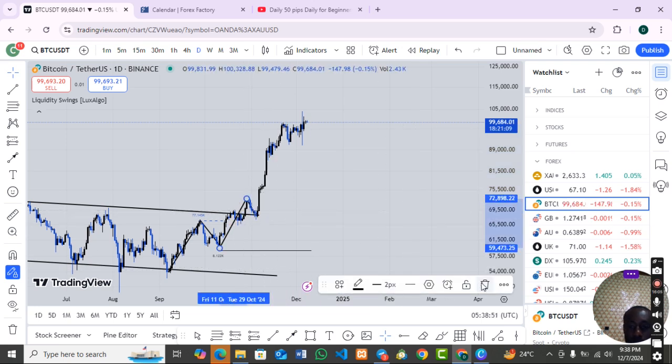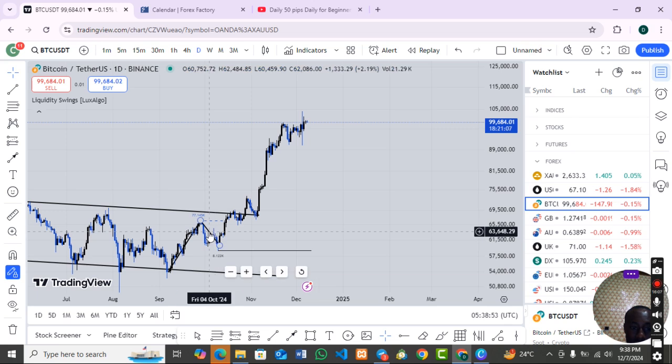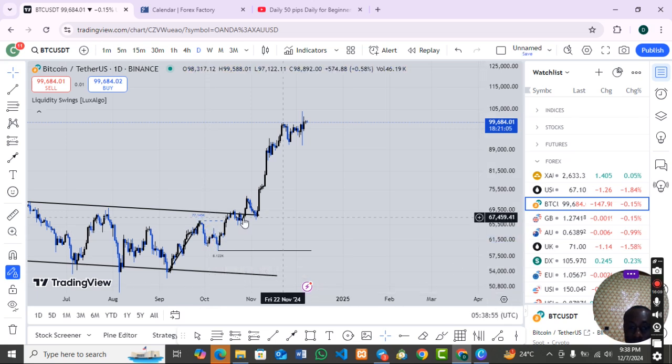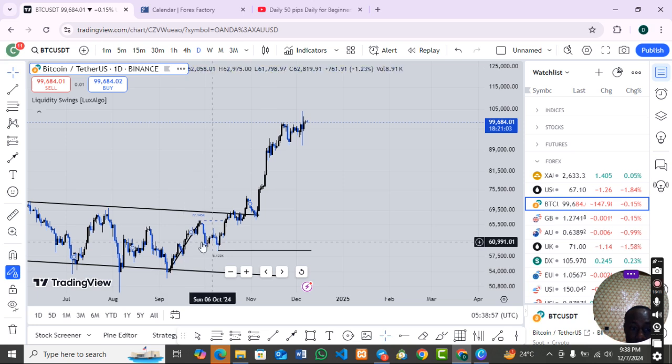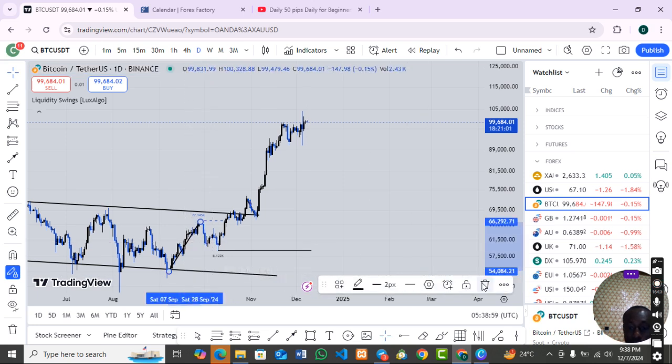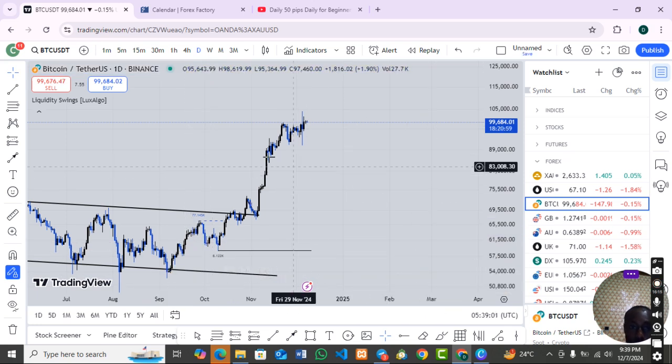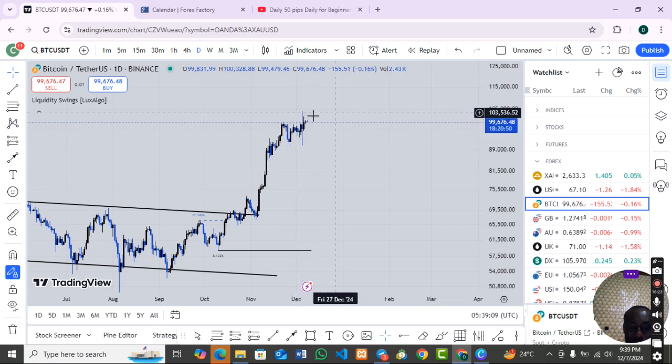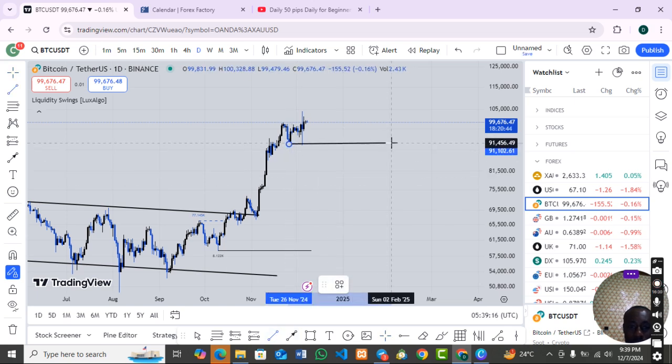So we are looking for a sell opportunity, and this is a retest trade that we are coming to take. To me, this is the higher high and this is the last higher low, and price has not broken it or created any lower low. So this is the last higher low that we have over here, and we are going to target price over here.